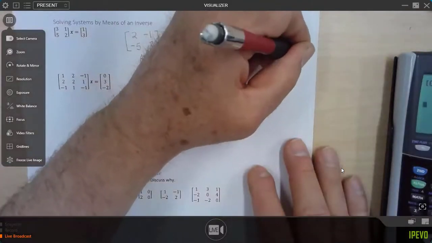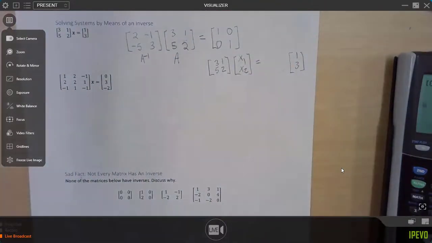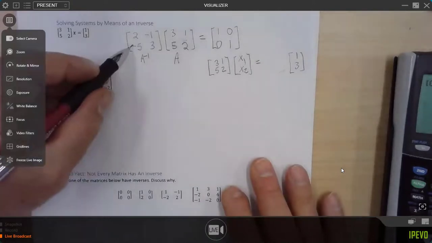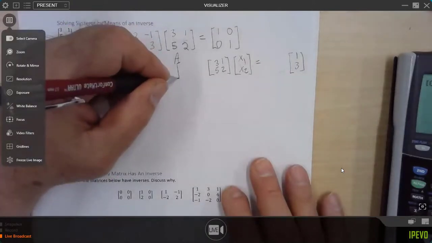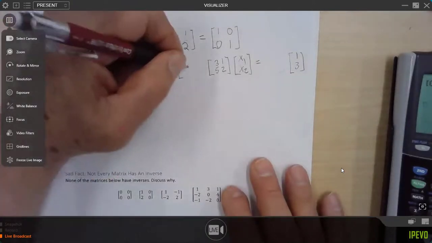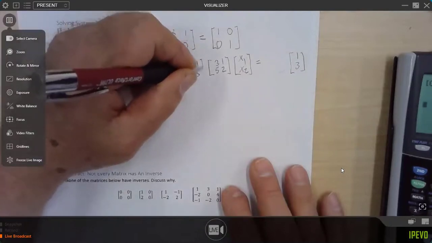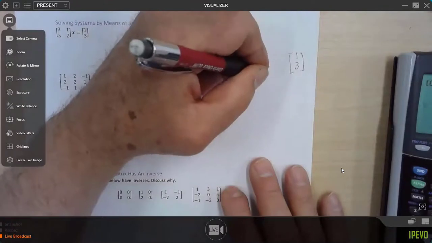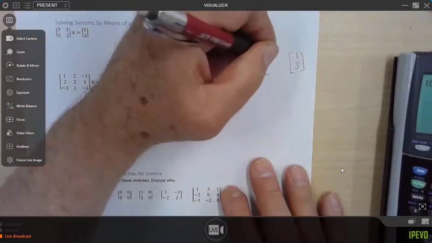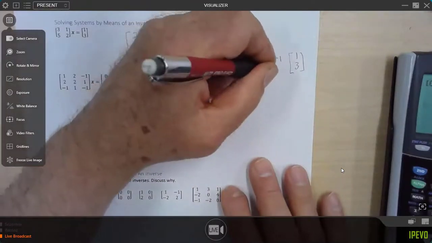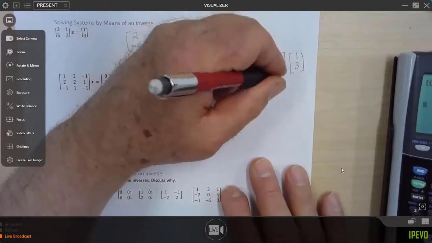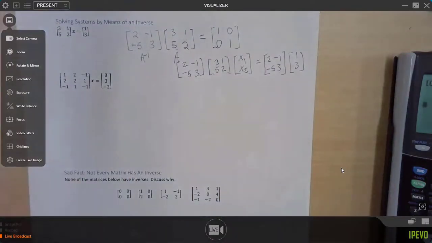That's my system of equations. Now, what if I multiply it on the left by the inverse matrix? 2, minus 1, minus 5, 3, and the same thing on the right.